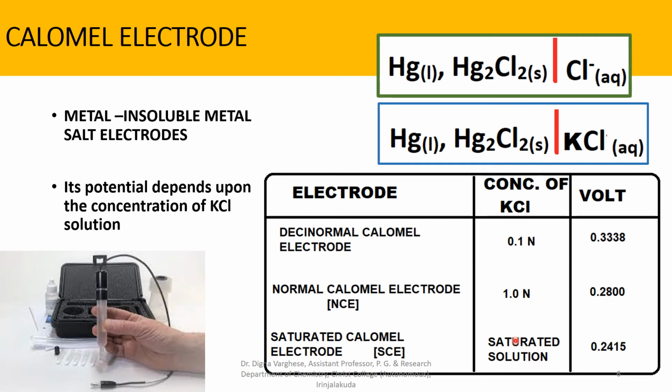So if it is a saturated solution of potassium chloride, then Calomel electrode is known as SCE. And for each of the concentrations, the electrode potential is different.